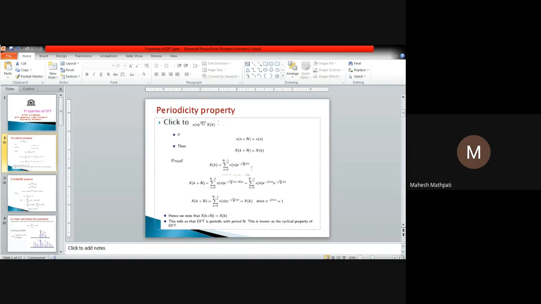Understood how I am simplifying this? Yes, sir. In the first part, N gets cancelled, so I have written it as e power minus j 2 pi n. Now what is the value of e power minus j 2 pi n?